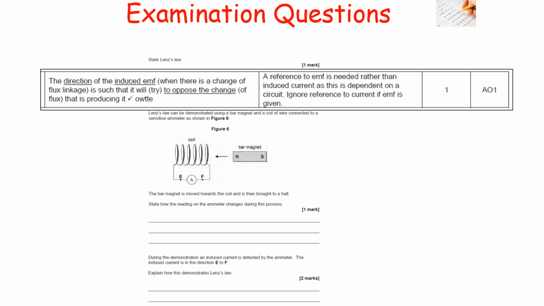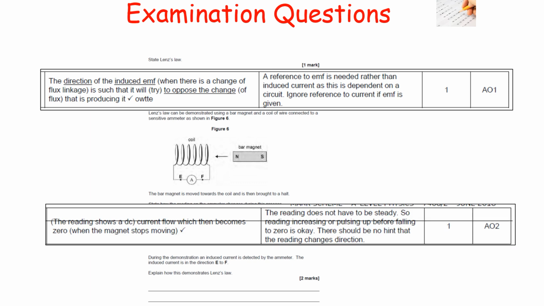Now in this next question, we can use this idea to understand from Faraday's law what's actually happening to the reading on the ammeter. What happens in this process is that there will be a reading on the ammeter when the magnet is moving towards the coil, because when it's moving towards the coil, it's changing how many field lines the coil cuts through, because the magnet's changing how close it is to the coil.